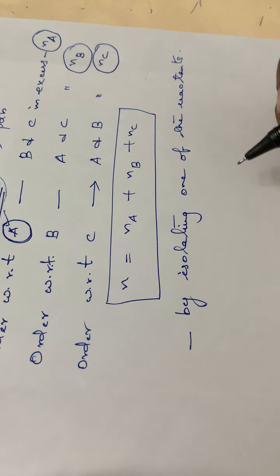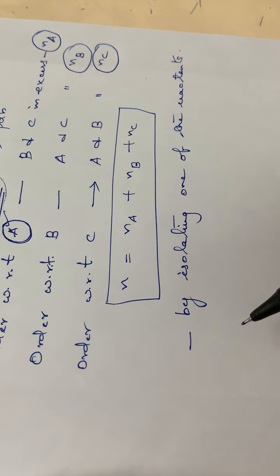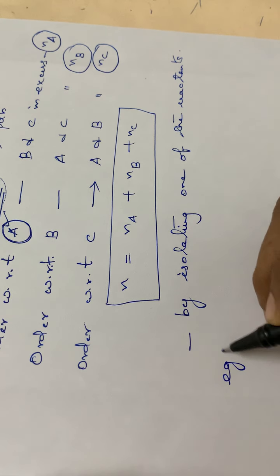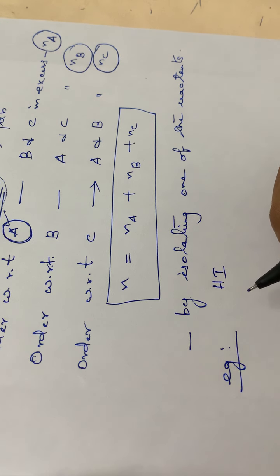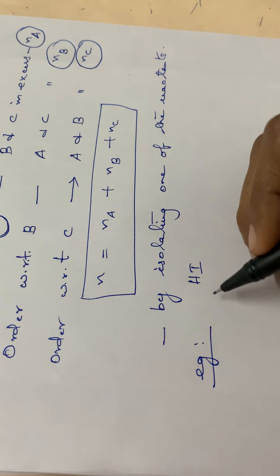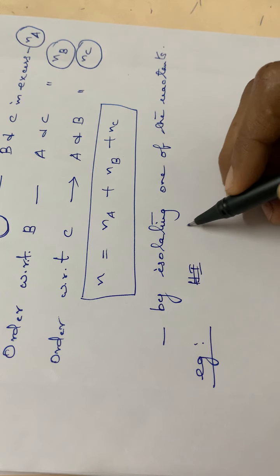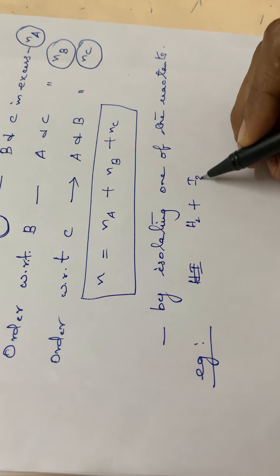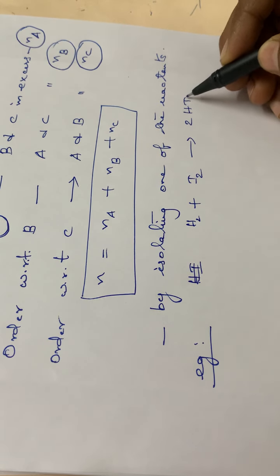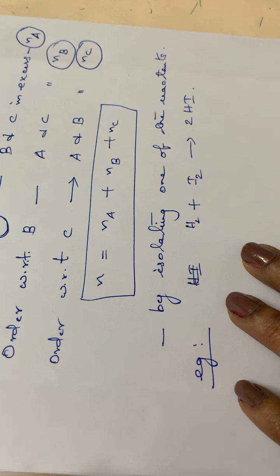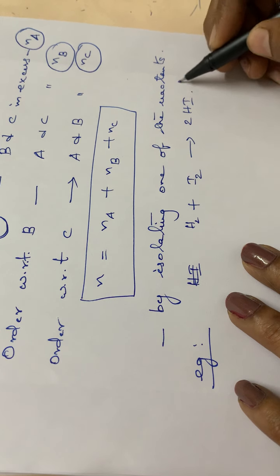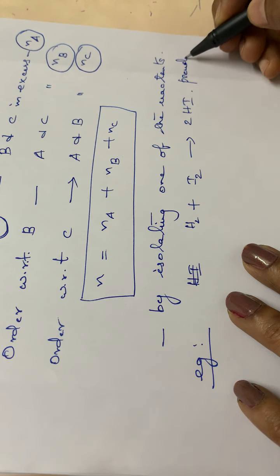So therefore we will have this reaction, for example, the synthesis of HI from H2 and I2: H2 plus I2 giving 2HI. Here only two reactants are present, but even so, this reaction is a pseudo first order reaction.